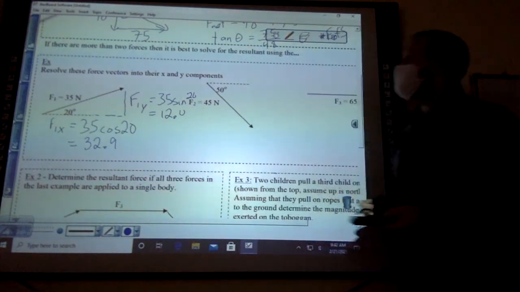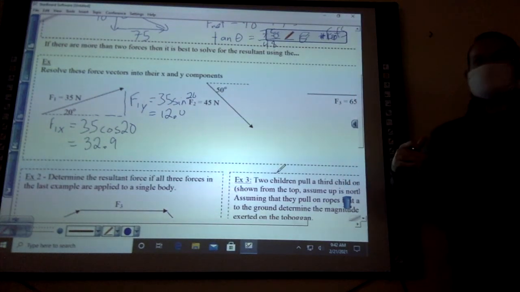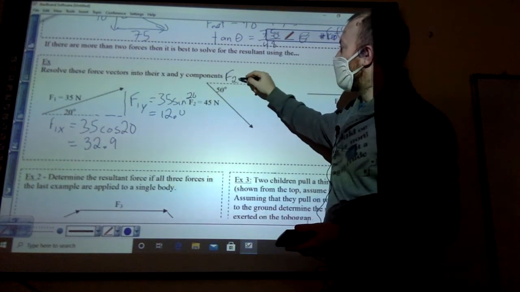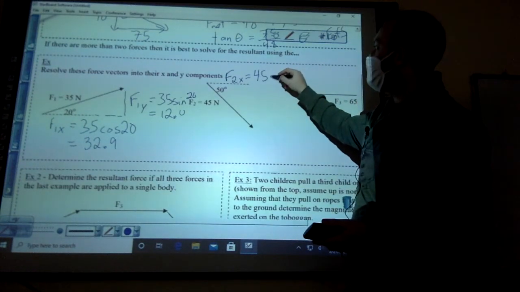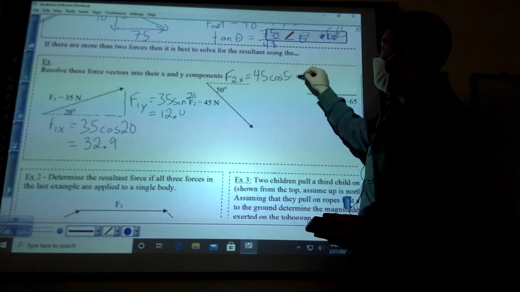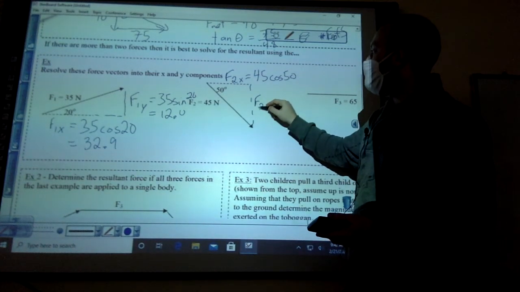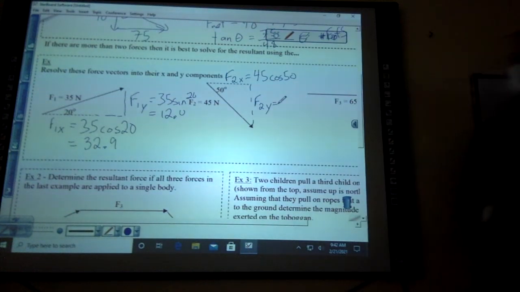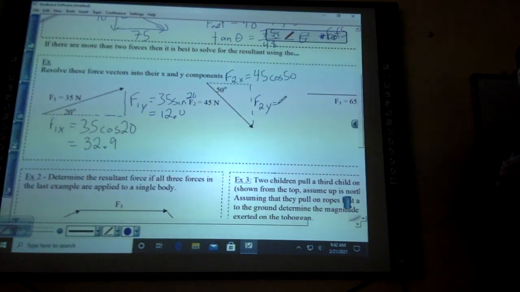All right, so those are my two components. Then I'll do the same for the other two. So again, this one, this is F2x. We're just going to do the hypotenuse times cos 50. As I've said online when we did this, don't assume that x is always cosine and y is always sine. You cannot assume this because it all depends on how I give you the triangle.